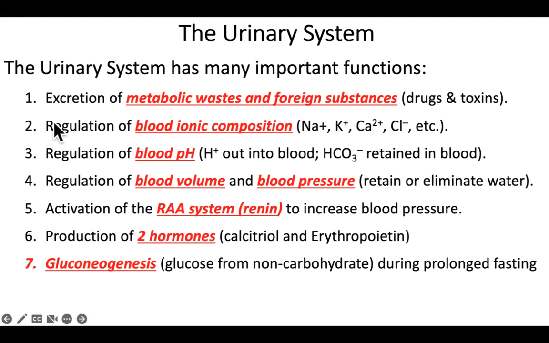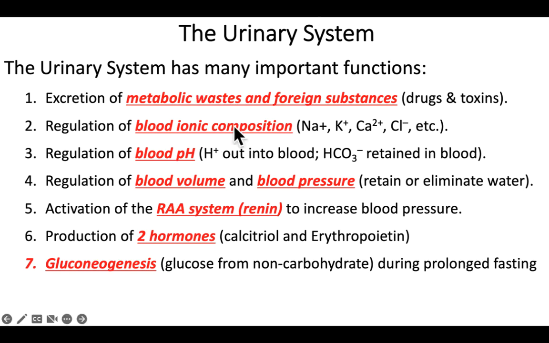And then you'll notice a lot of the next few functions are all what we call regulation. So what we mean by regulation is the kidney's going to get blood. It's going to look at all the different components and decide whether there's too much of something and get rid of it, or if there's not enough of it, we have to at least keep as much in the blood as possible.